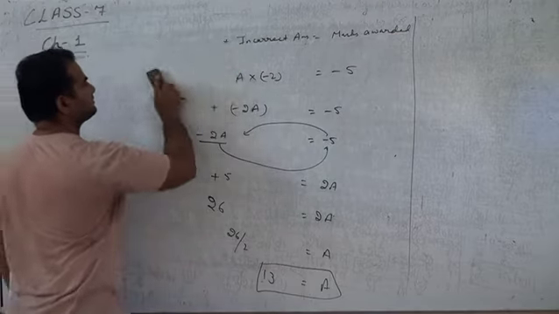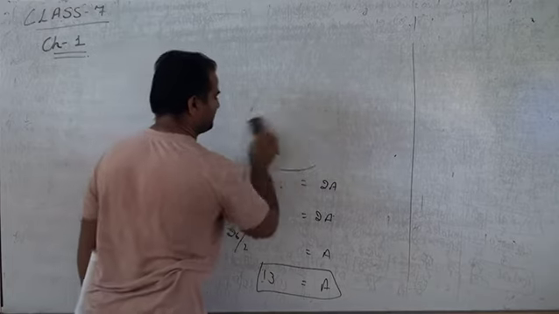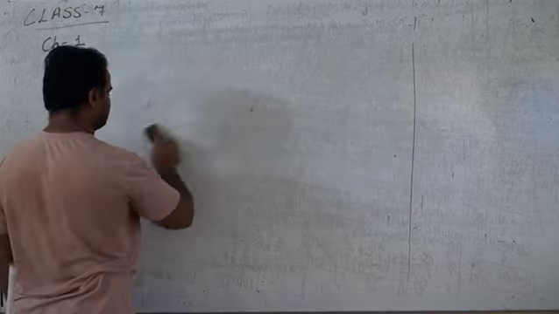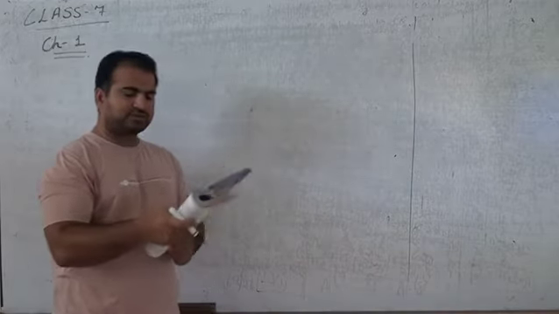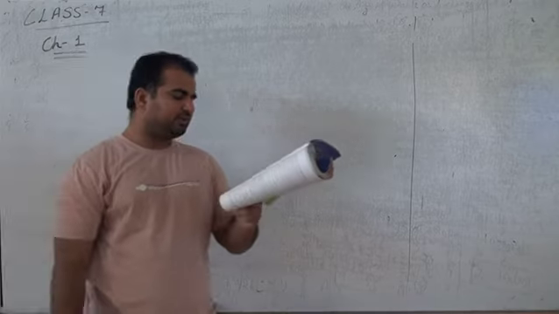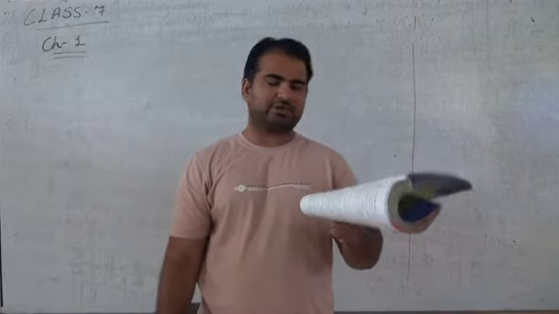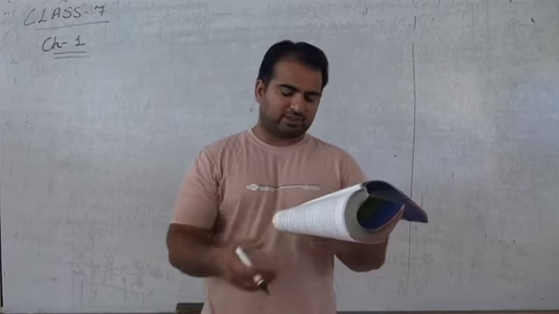The next question is question number 7. An elevator descends into a mine shaft at the rate of 6 meters per minute.